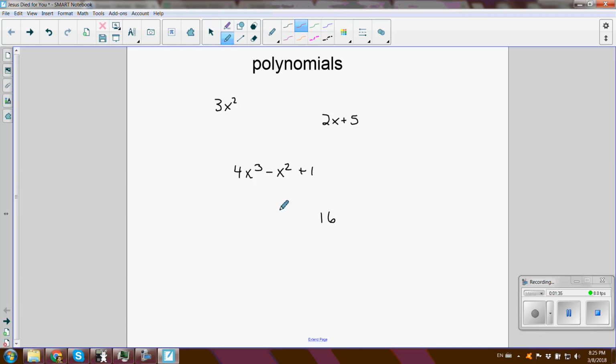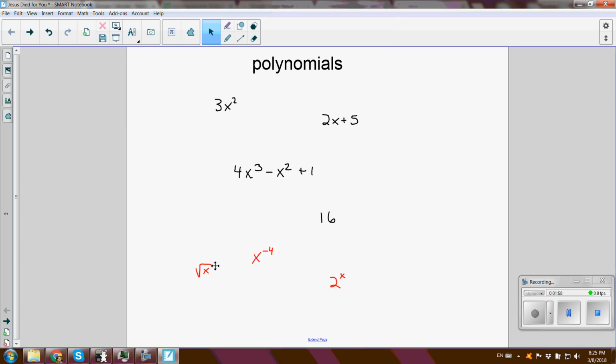Let me show you in red some examples of something that's not a polynomial. The square root of x, or x to the negative 4 power, or 2 to the x power.